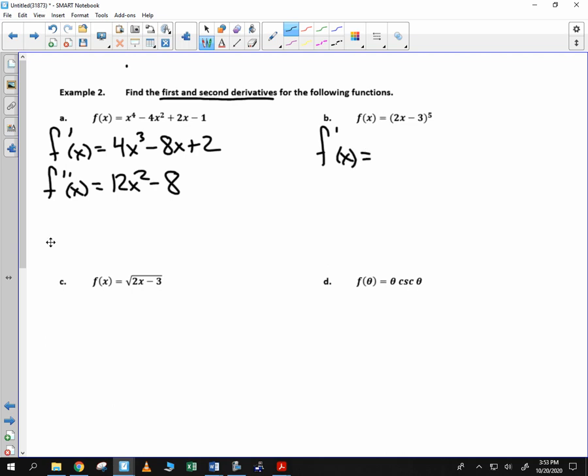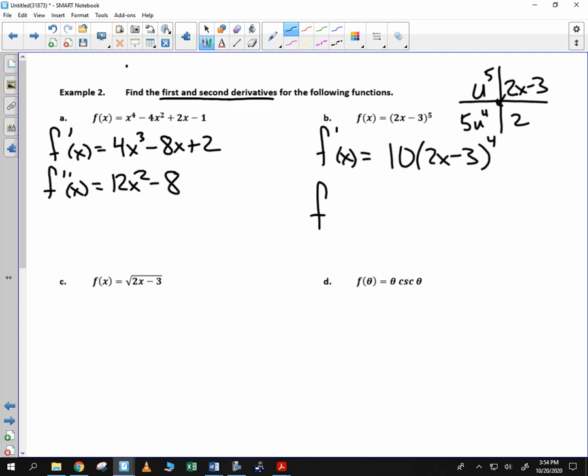Uh-oh, this tells me I need to use the good old chain rule. So I have u to the 5th, I have 2x minus 3, 5u to the 4th, and 2. We multiply those together, and you get 10 times 2x minus 3 to the 4th.